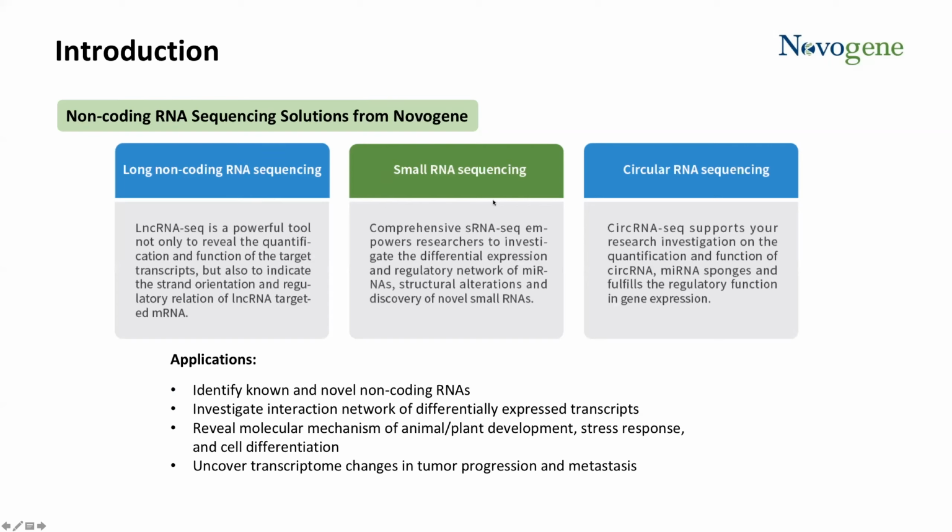In addition to the sequencing, we provide an analysis package which includes quantification, function, strand orientation, differential expression, discovery of novel non-coding RNA, the biological pathways where they are playing a role, and also regulatory relationships to target messenger RNA for non-coding RNA. And these are the applications where it can be used.